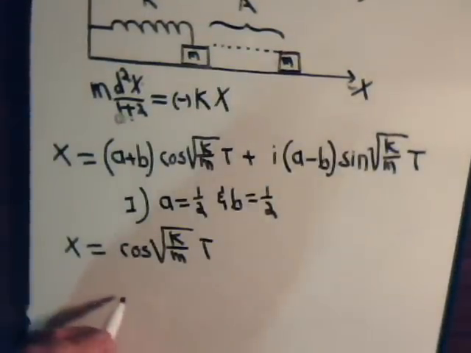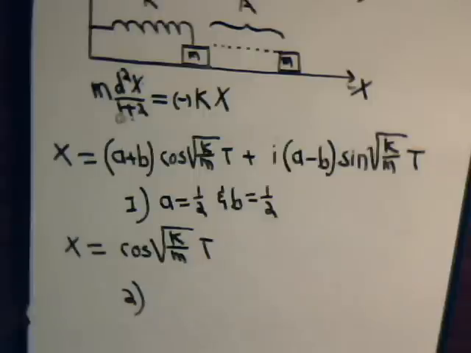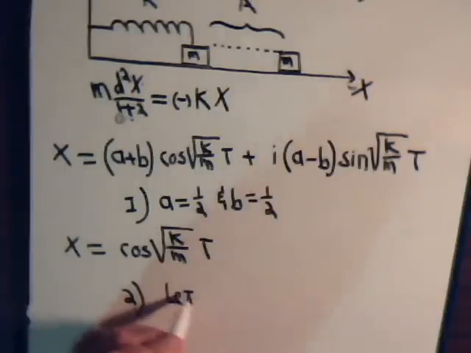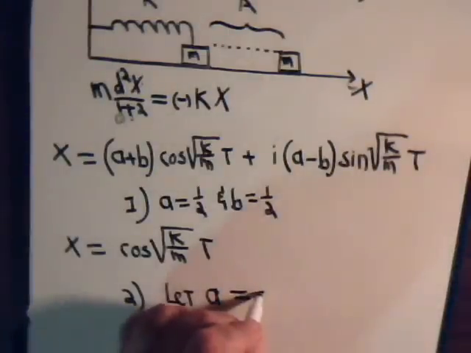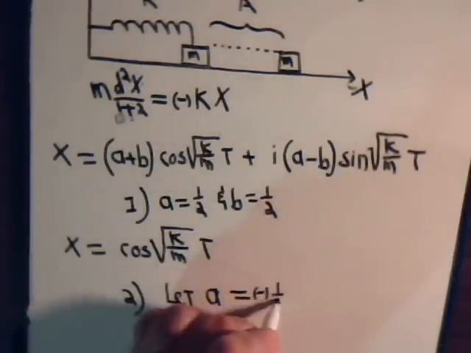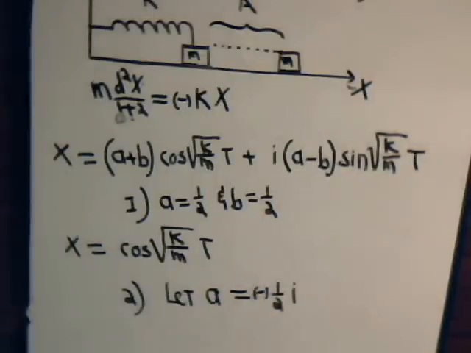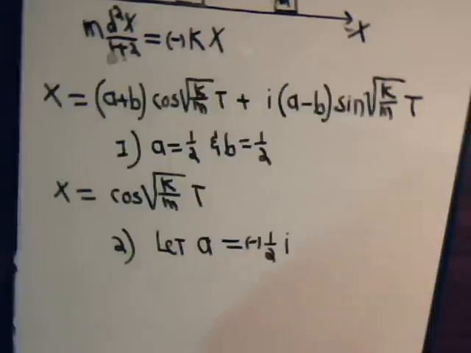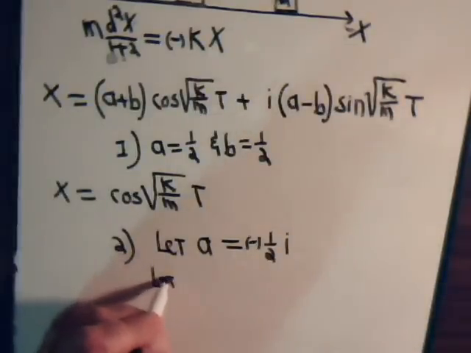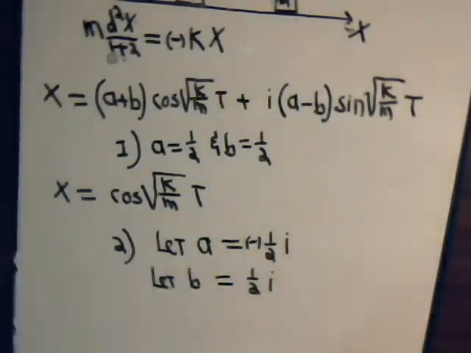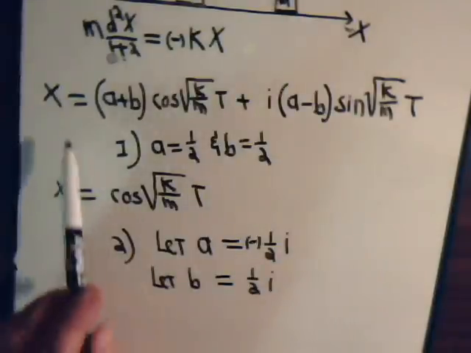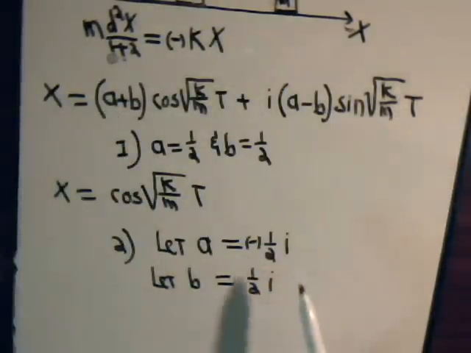What if we chose our constants in a different way? Say a is equal to minus 1/2 times i, and let b equal plus 1/2 times i. Now here's our equation for x. We have a plus b; that plus that will be 0.